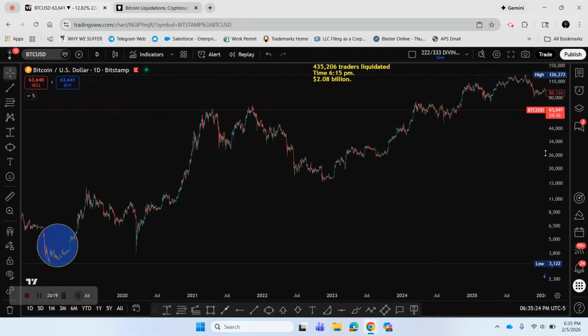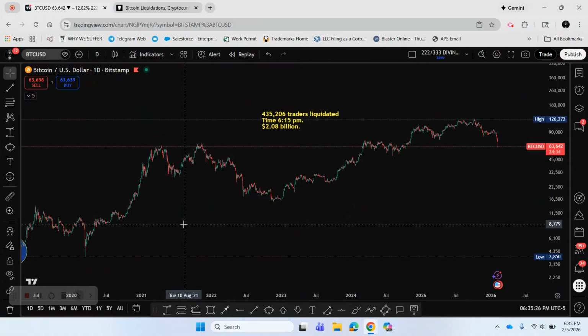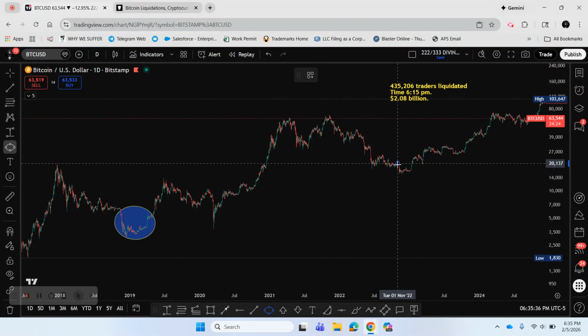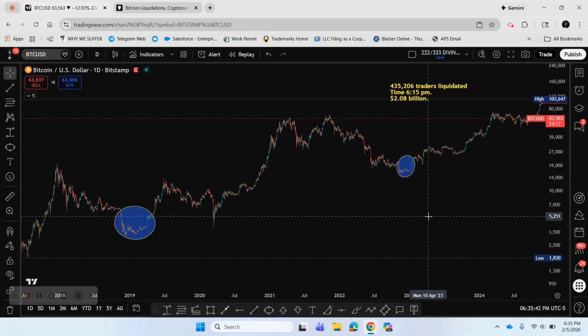All right, so we're gonna come from this low over here, and then we're gonna measure this one over here. You see how they look similar, right? You see the structure?